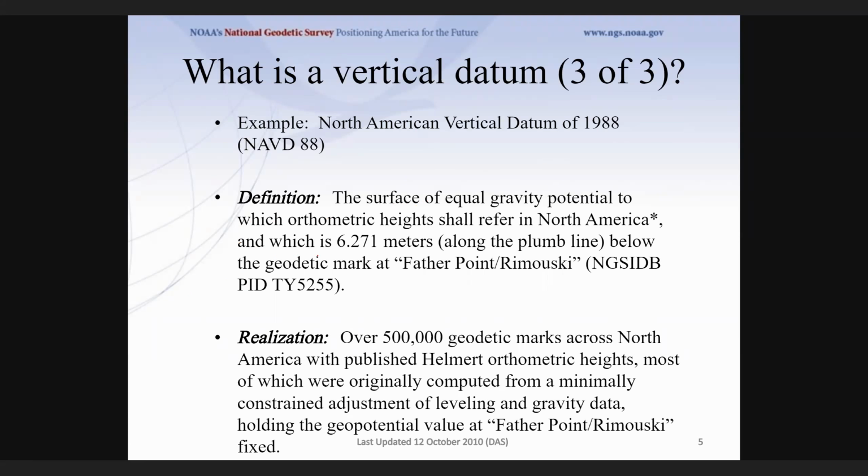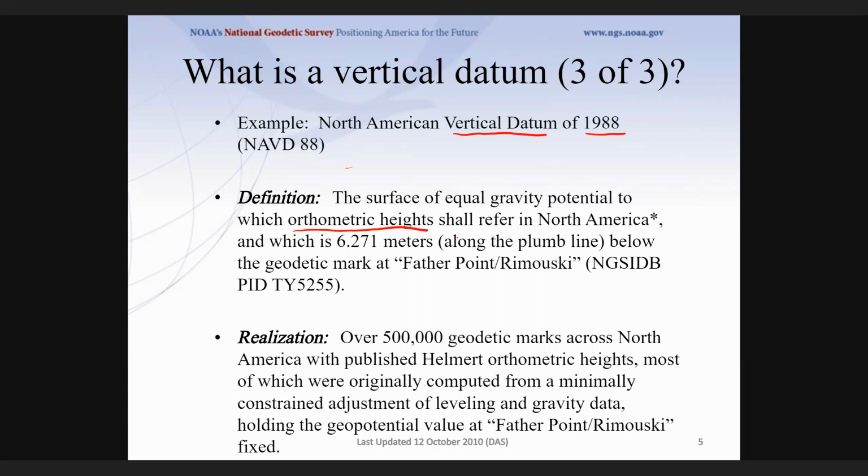So we have the North American Datum, which is X and Y, and then we have the North American Vertical Datum 88. It is the surface of equal gravity potential to which orthometric heights are referenced. Remember, orthometric is what we want to calculate, our best estimate of the elevation of the Earth's surface.